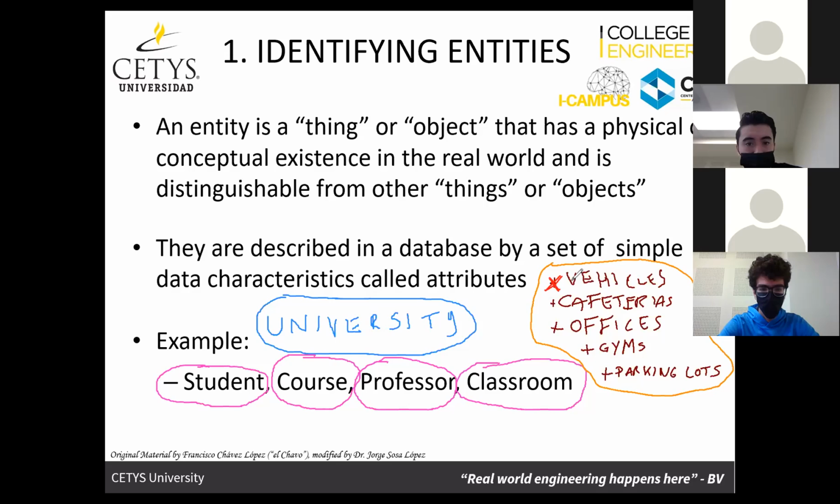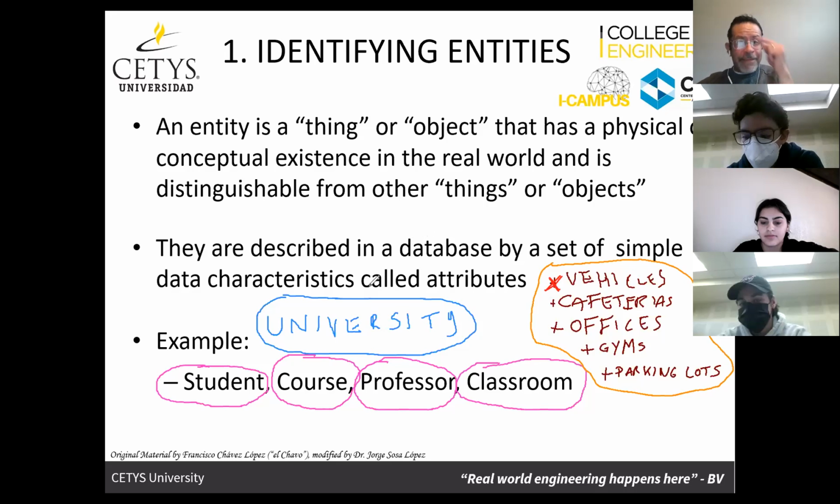I want to keep track of the inventory of the food and the sales and who it's being sold to, what students are being sold what food. In that context, would the cafeteria make sense? Yes, because they are the ones who sell the food.